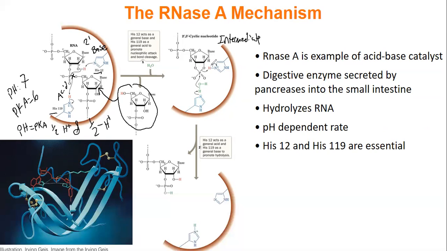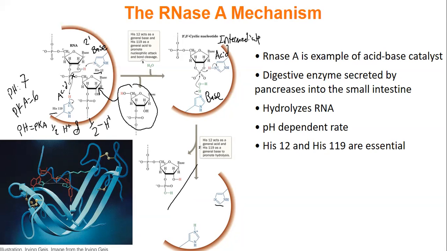So we have the opposite reaction happen. Histidine 12 now acts like an acid. Histidine 119 acts like a base. So they switch roles, right? The histidine at top is now donating a hydrogen. The histidine on the bottom is now accepting a hydrogen. And that RNA is now free to leave.